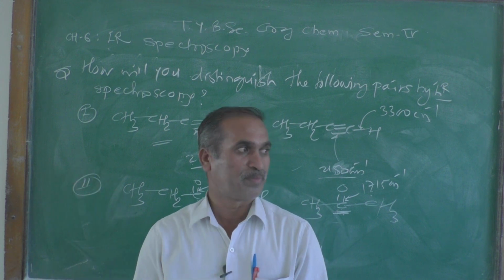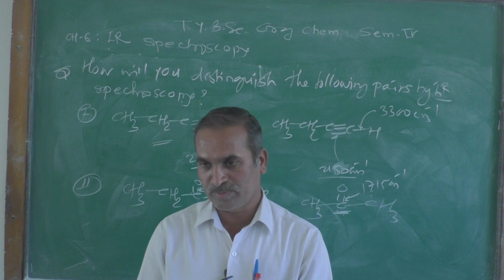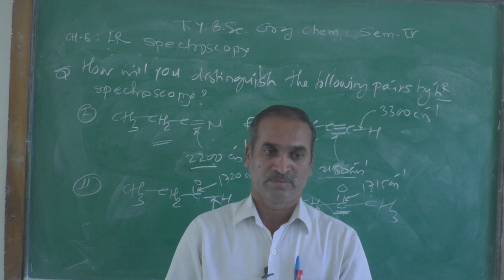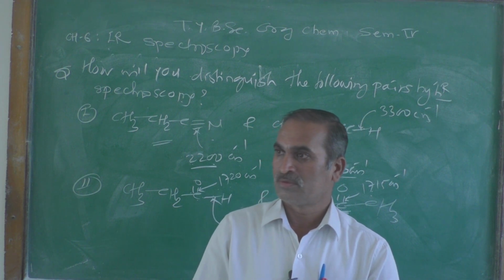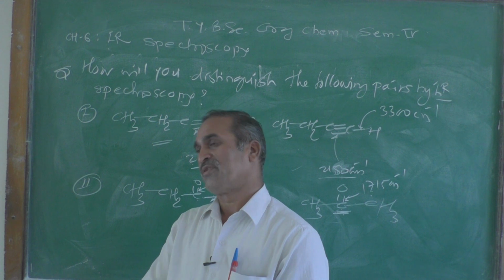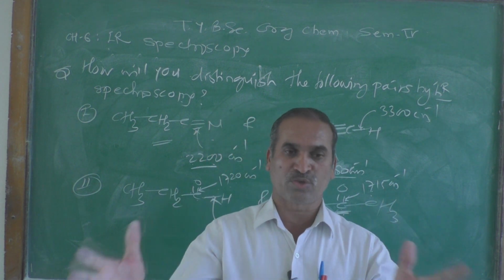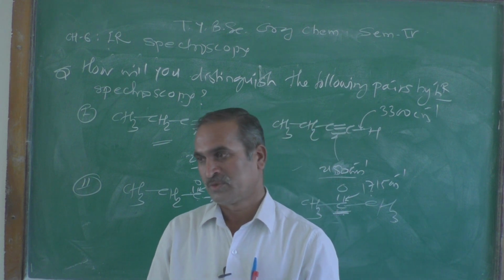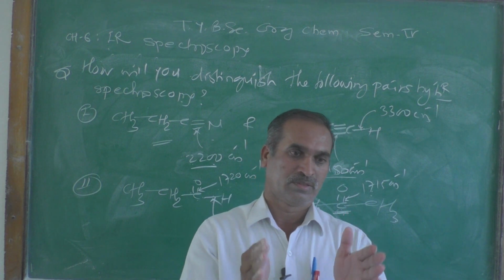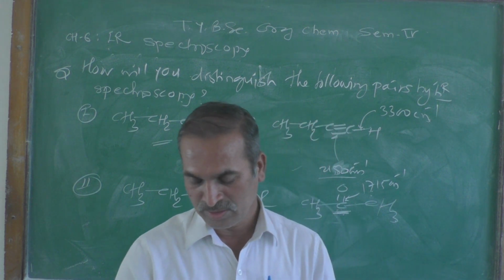PMR spectroscopy means proton magnetic resonance spectroscopy. It is more important than these two, and finally by combining all these three spectroscopies together, we will solve a number of problems based on those three spectroscopies.